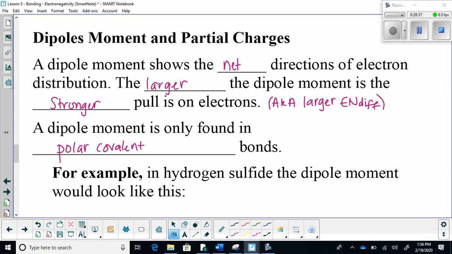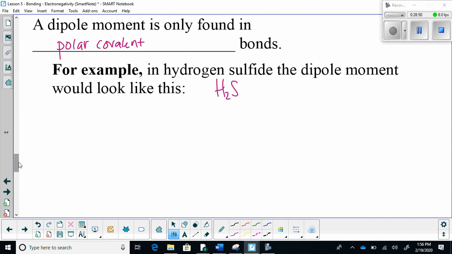So let's say, for example, we have hydrogen sulfide, which looks like this. Let's draw a structural diagram for this compound. So it's going to look like that. Sulfur is in the center. We have hydrogen and hydrogen. Okay? Now, actually, let's do our electronegativity difference first.